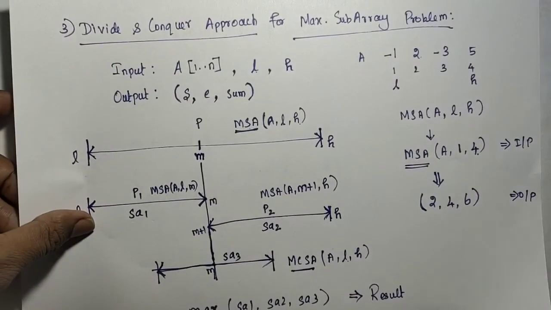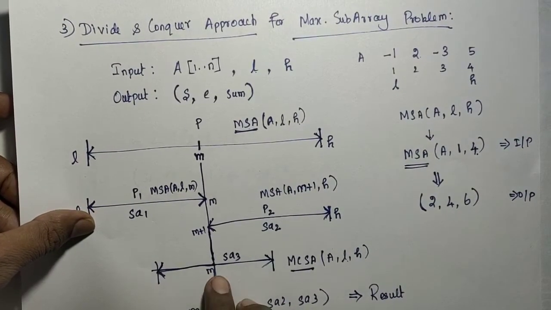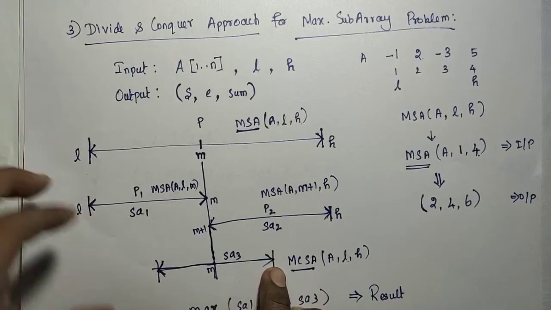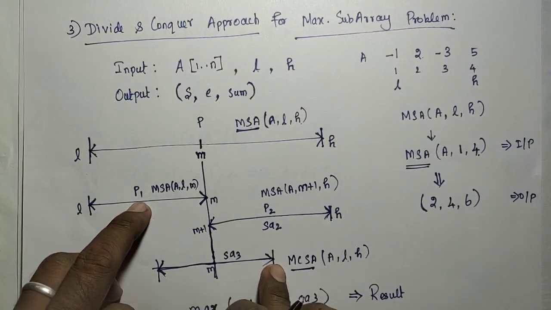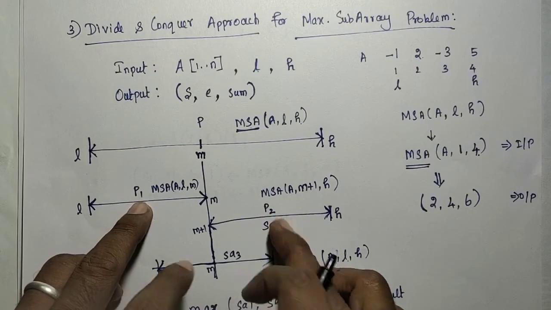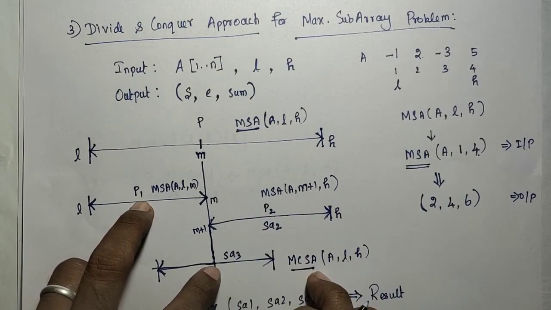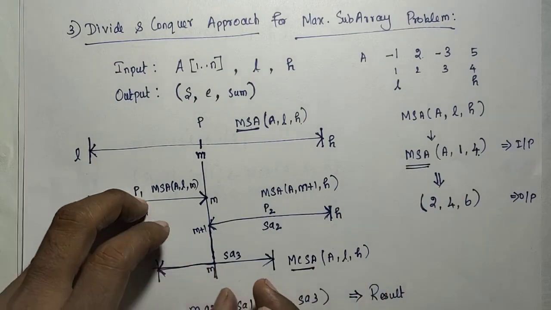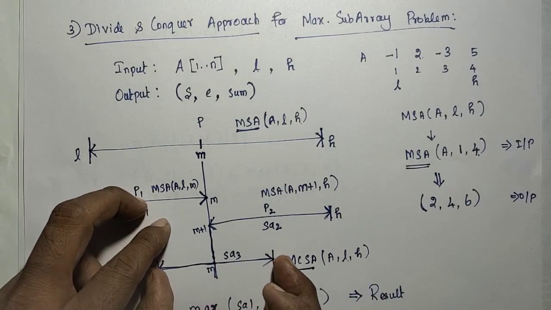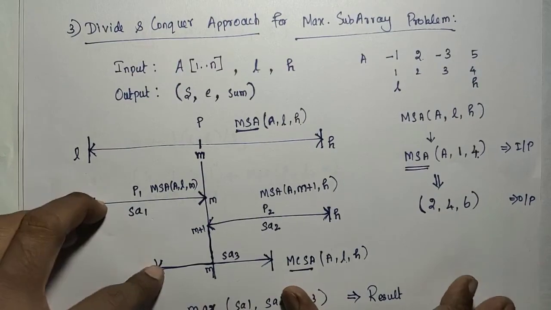And then the maximum subarray may exist in the middle itself. If it does, it will not be identified by problem 1 and problem 2. So I need to use a separate procedure for finding the maximum subarray which crosses the middle element.